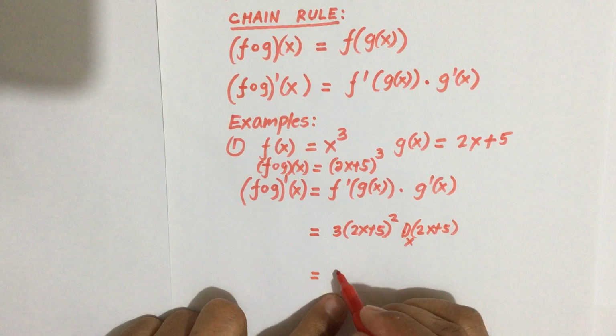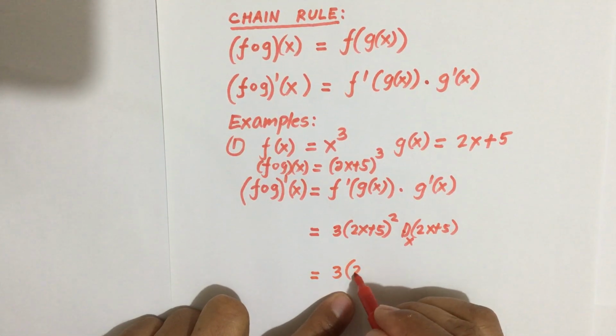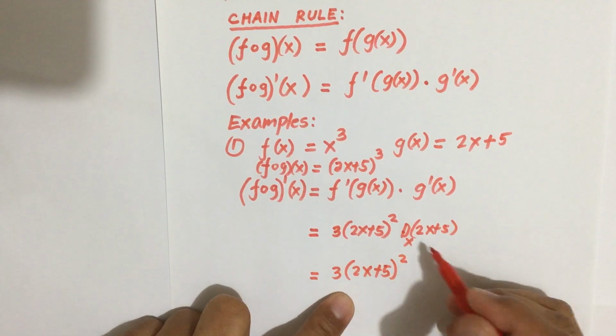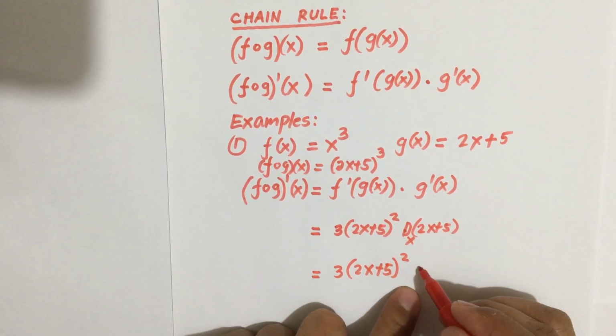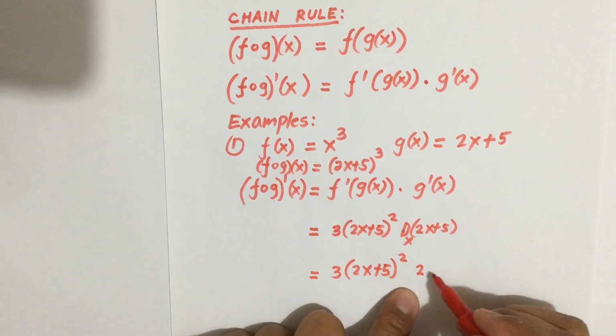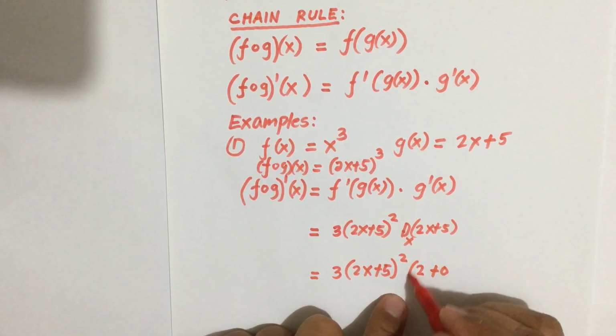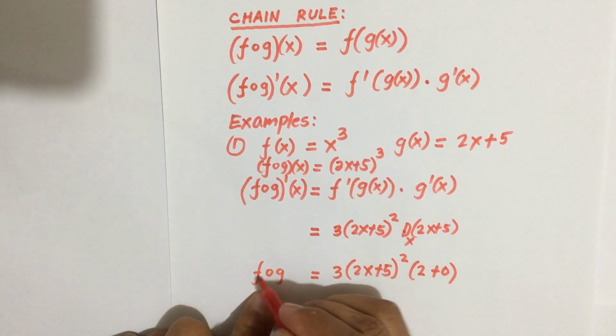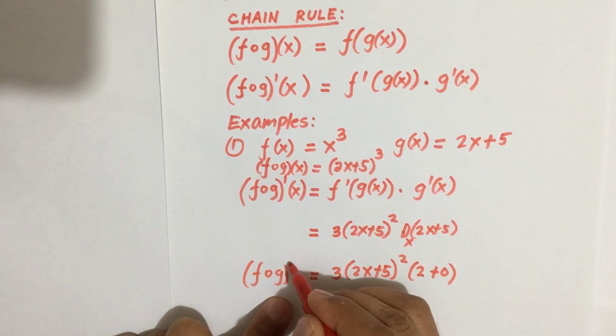So equal to 3 times (2x + 5) squared, times the derivative of 2x + 5: the derivative of 2x is 2 and the derivative of 5 is 0. So this is our derivative of the composite function of x.